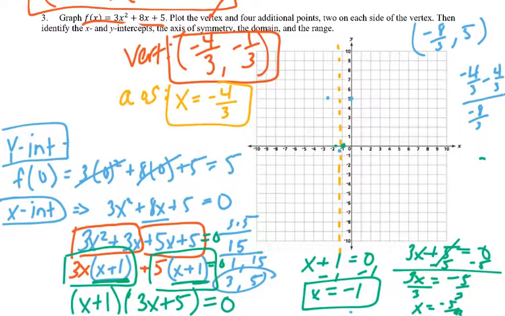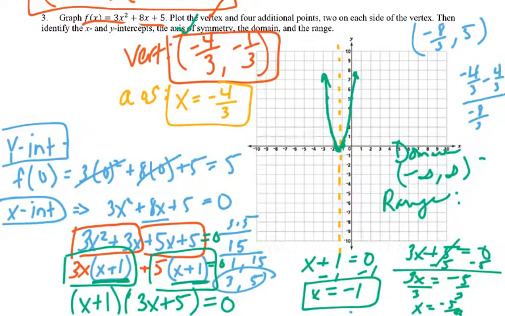But now I can draw my parabola, starting from my vertex, moving upwards here, moving upwards from here. This should be curved. We have our 4 points. We have our vertex. We have our axis of symmetry. Now we just need to determine our domain and our range. So the domain, since this is a parabola, is still -infinity to infinity.